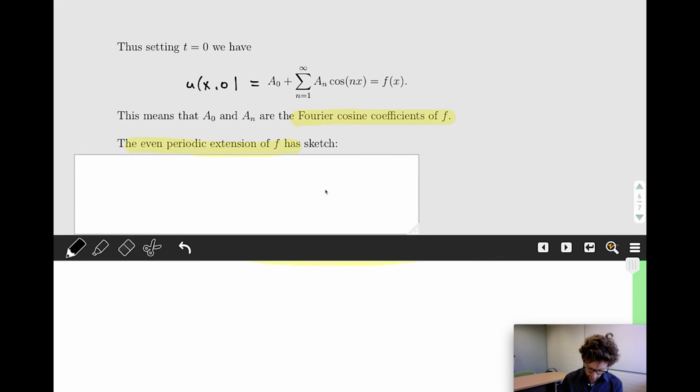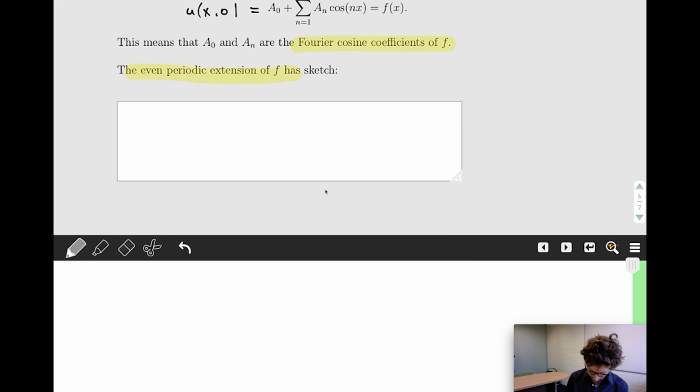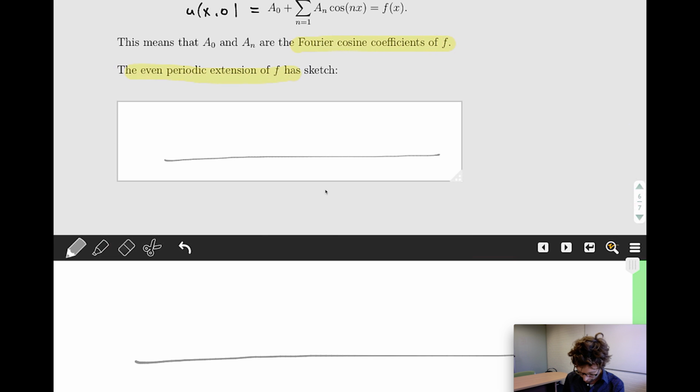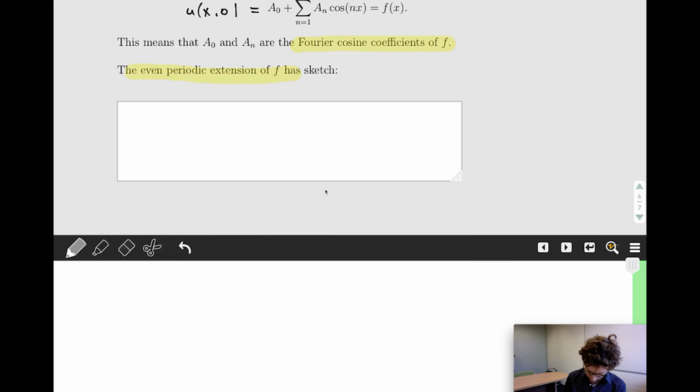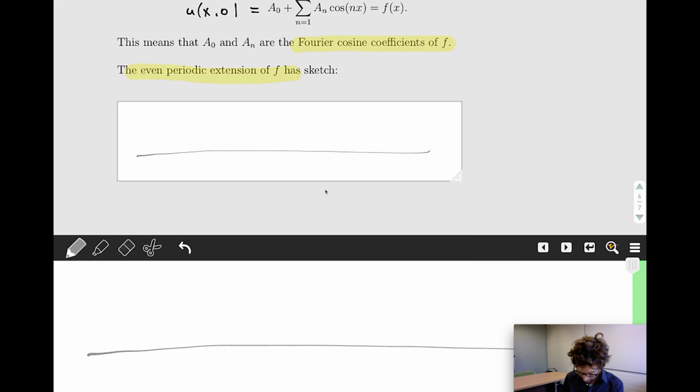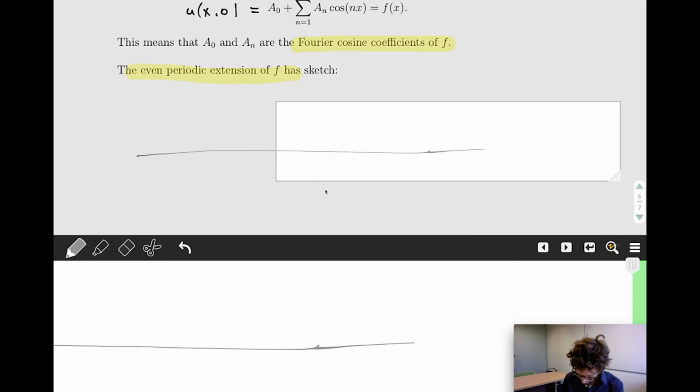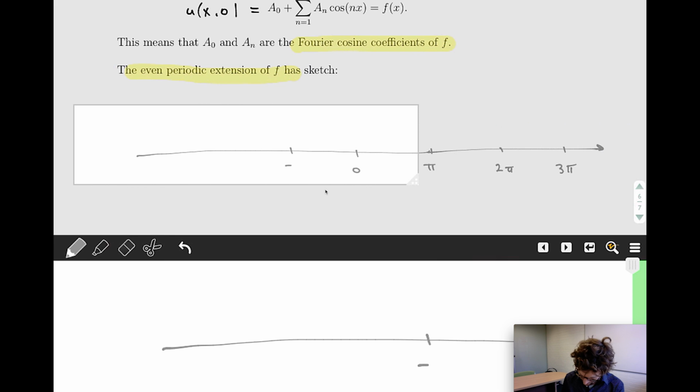So let's take a look at what that looks like. So we're going to go between 0, pi, 2 pi, 3 pi, minus pi, minus 2 pi, and minus 3 pi.